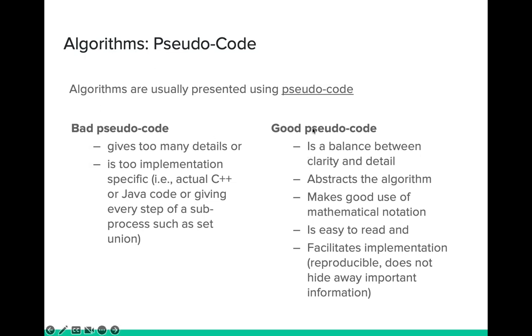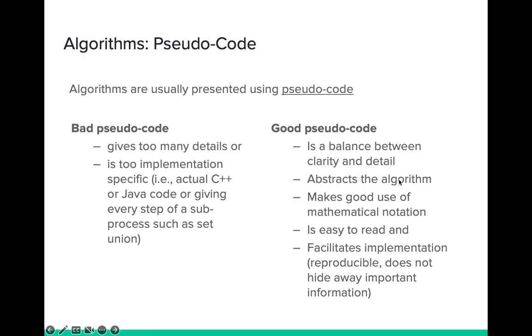A good pseudocode should have a balance between clarity and detail, and it abstracts the algorithm. For example, in the problem earlier where you are looking for the maximum or the largest integer in a sequence, one way to do that is to sort the sequence first, right?